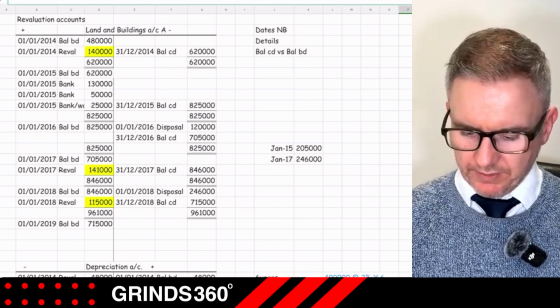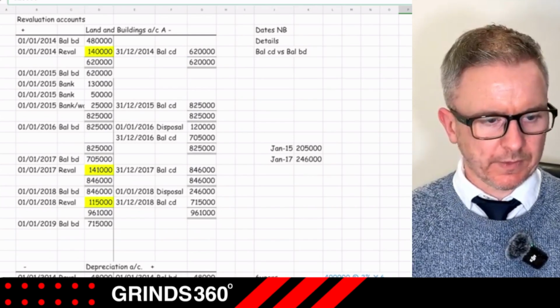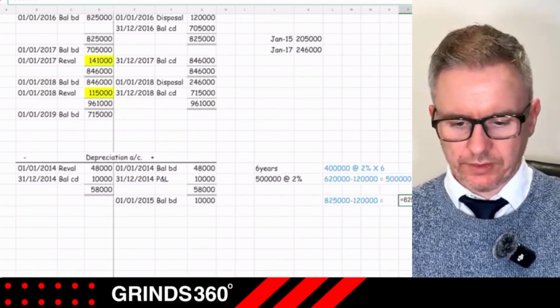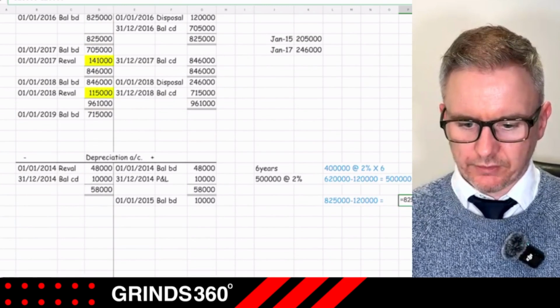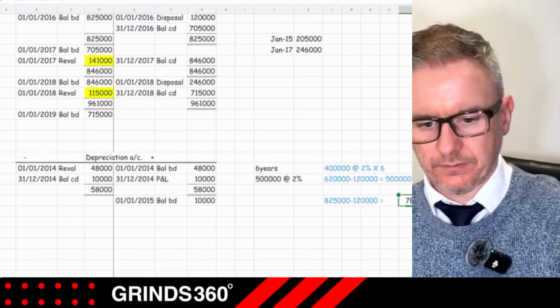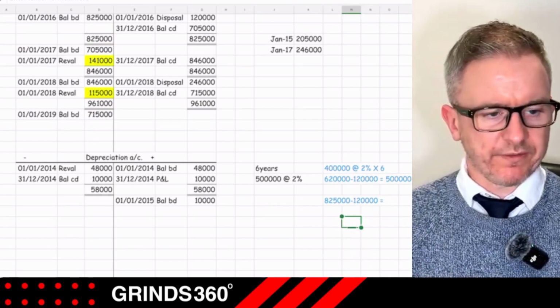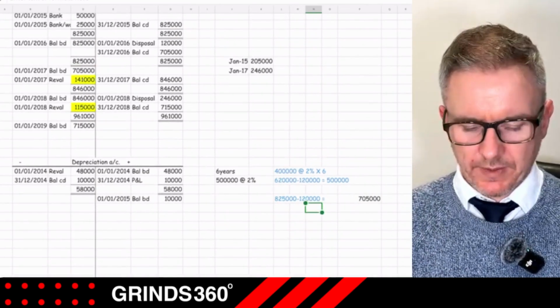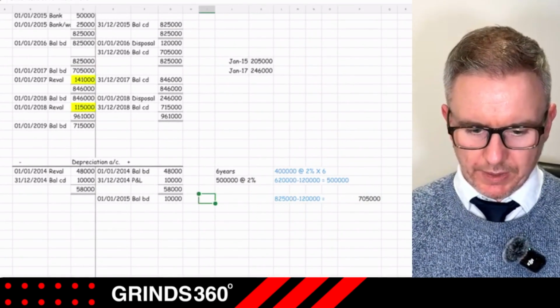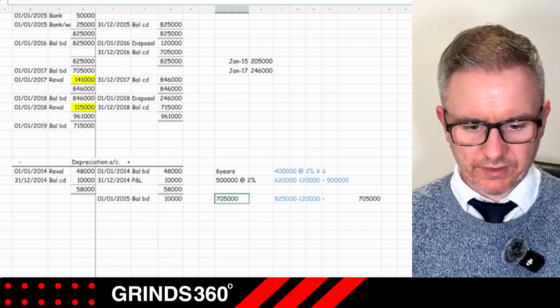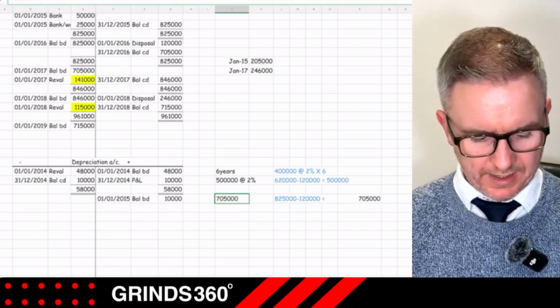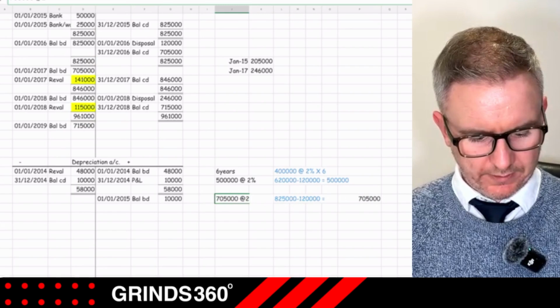So take your 825 and all you're doing is subtracting that €120,000. So it's going to be 705 that we're going to deal with here. Okay, so 705,000, and it's at 2%.